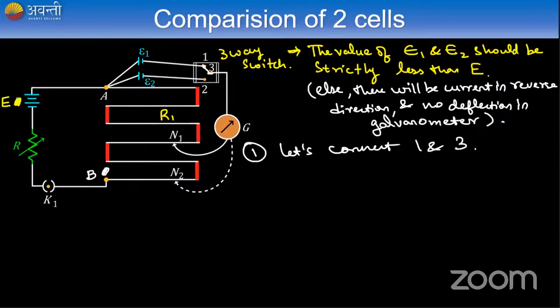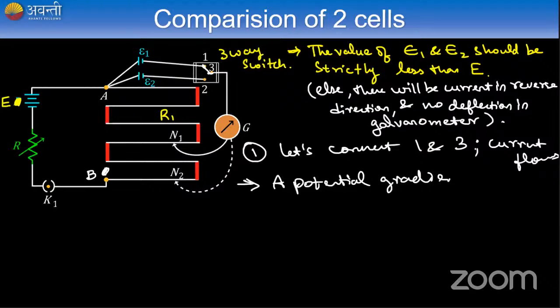So what's all happening? Current flows. A potential gradient is set up. Third, we slide the jockey.